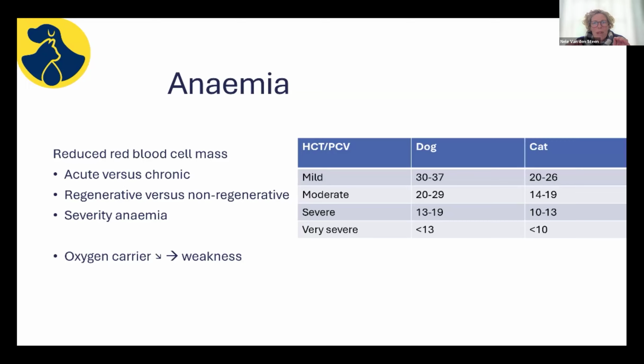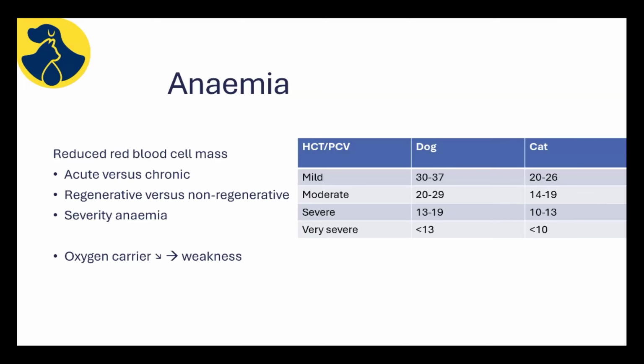Now, again, a word to remember: in a sight hound, where you start off with maybe a normal value of 55 or 60, 30% hematocrit is already a moderate anemia. So it will drop quicker, and think about what is the percentage of their normal expected value, if you know their normal value, where you're going to classify this.